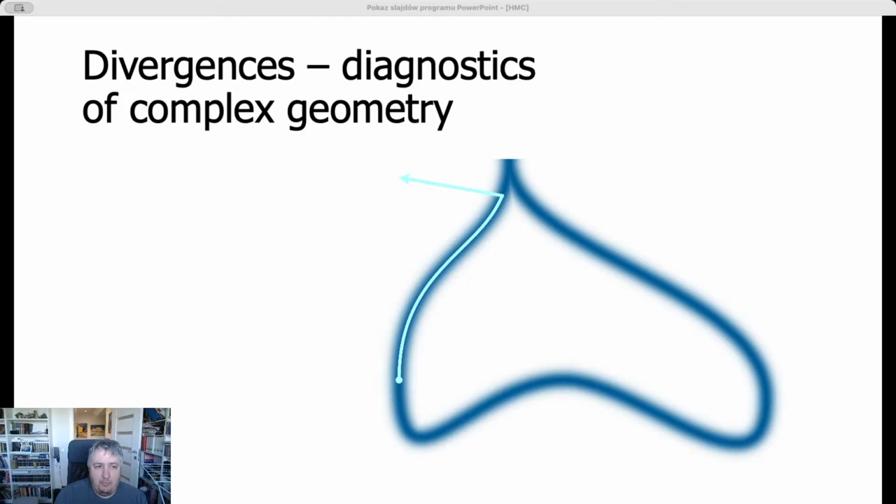What I mean by that is that when we encounter complicated geometry, our model will start to have problems with solving differential equations with a fixed step.